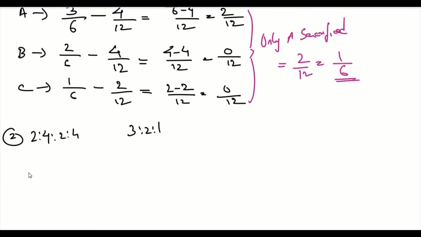Now for A's case, his original share is 3/6 minus 2/12. That will give you 6 minus 2 over 12, which is equal to 4/12.